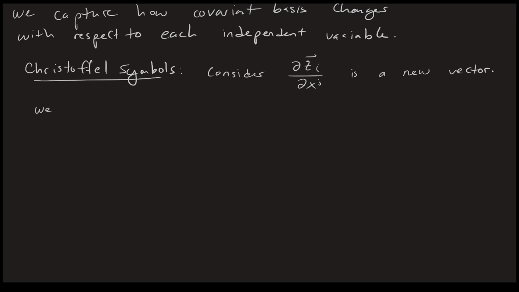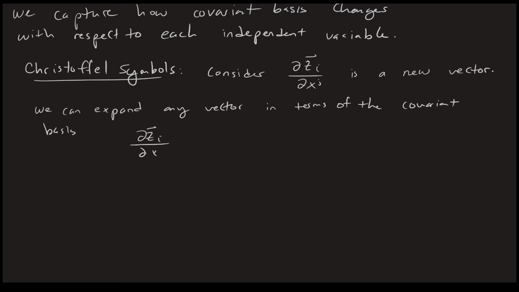We can expand any vector in terms of the covariant basis. So we'll call this partial z_i partial x^j something times the covariant basis z_k. So what are the components of this vector when I expand it out in terms of the covariant basis?